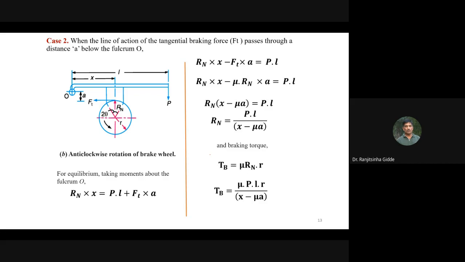That is PL upon x minus mu A. So with respect to the second case, whenever that tangential force is acting through the line of the fulcrum.